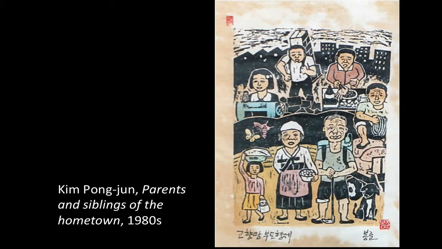And you can see in their faces, they don't look very happy. They are separated from the old and very young members of their family who stayed in the countryside and are depicted in the bottom portion of the print. With this picture, Kim vividly demonstrates the effects of industrialization, such as migration to the cities, uprooting, and the separation of families.